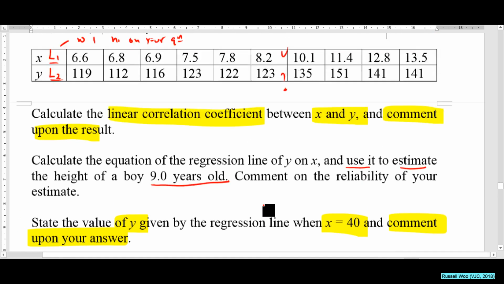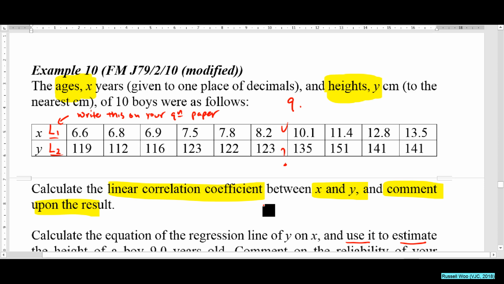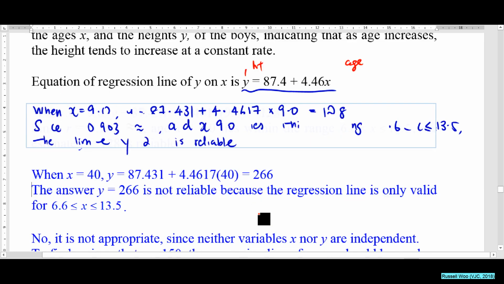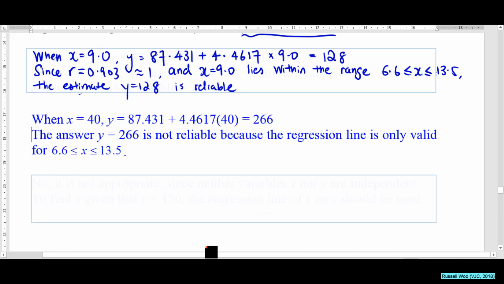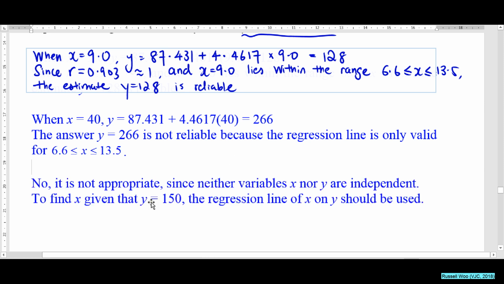When we collected data, we just took a boy 6.6 years old as a pair of values. We collected it like that. We actually did not control any variable. We did not have any independent variable. You look at the phrasing of the question. We didn't even control anything. We just say there are 10 boys, just like that. There's no independent or control variable. So the answer is, if we want to estimate the value of x given a particular value of y, we should use x on y.